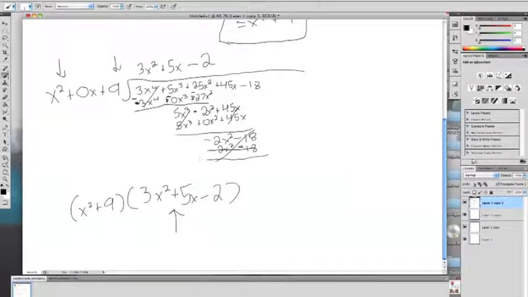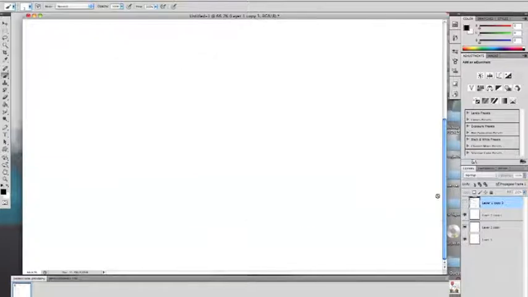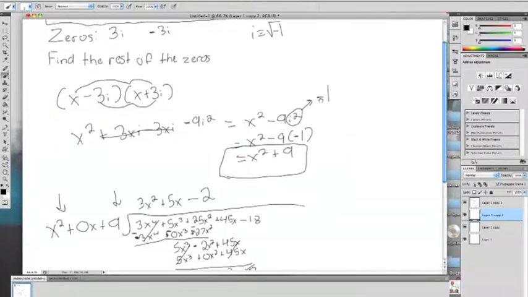The quadratic formula is negative b plus or minus square root of b squared minus 4ac, over 2a. It's the quadratic formula in case you forgot it. And let's just quickly continue there. You get the answers 1/3 and negative 2.